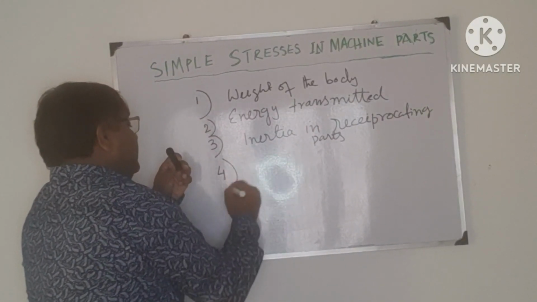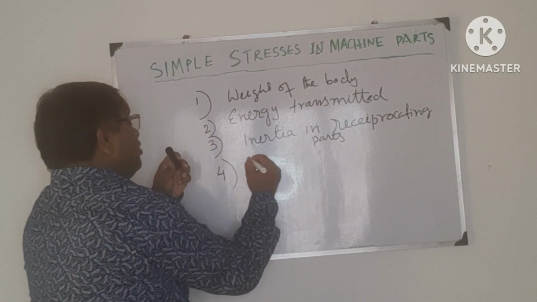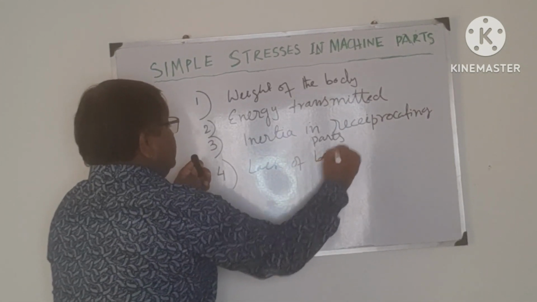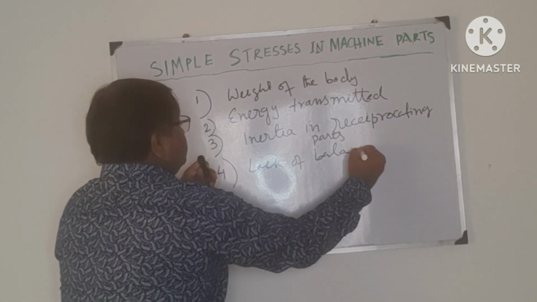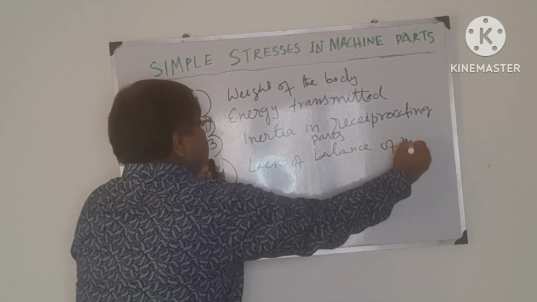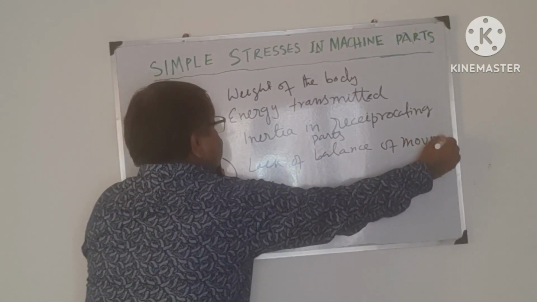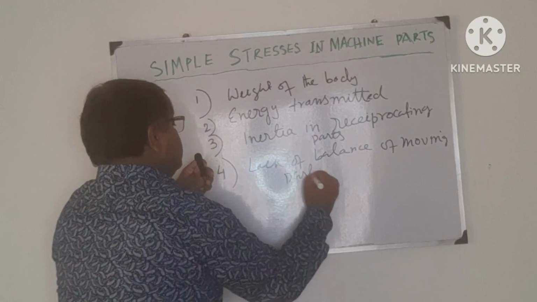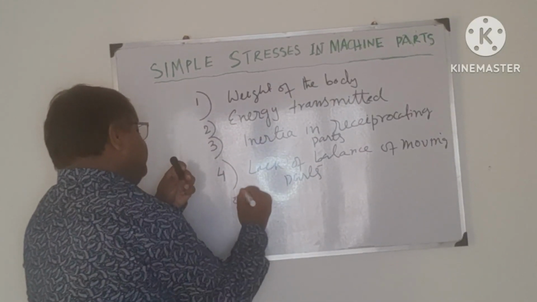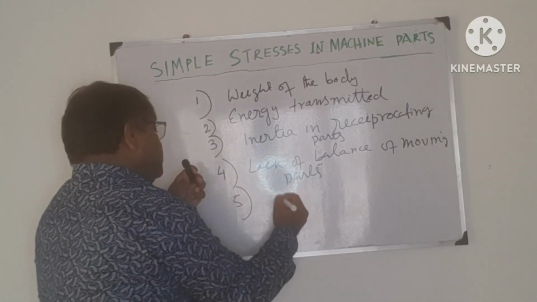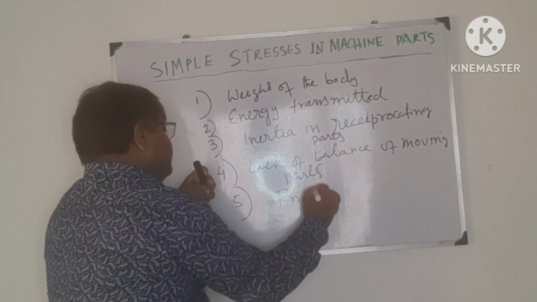Number 4, lack of balance of moving parts. Number 5, frictional resistance.